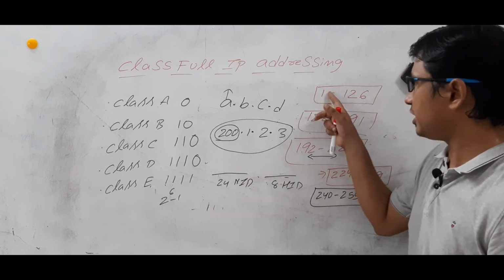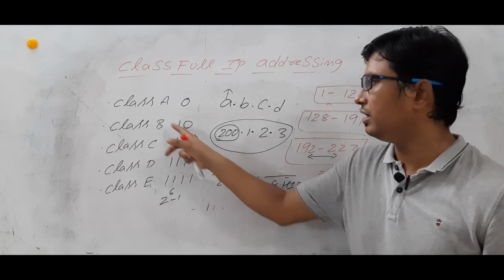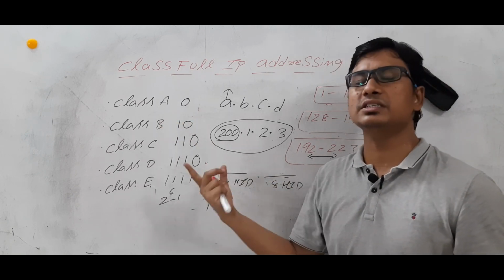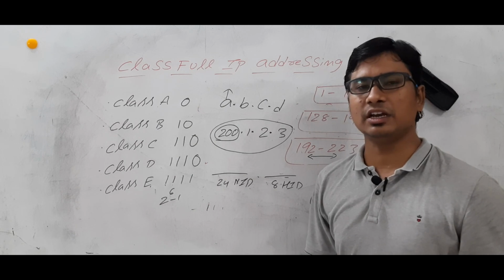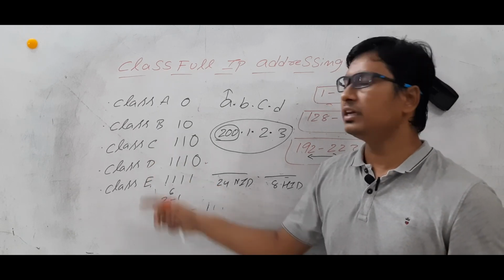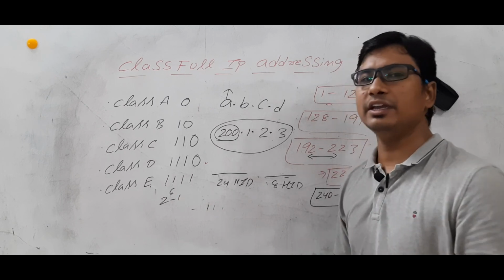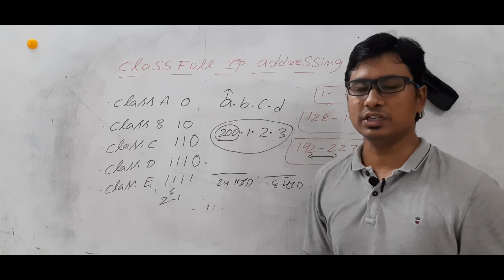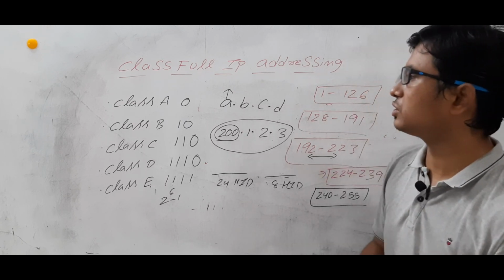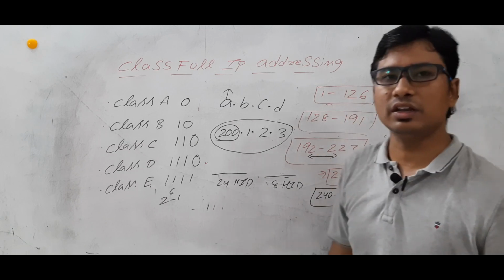If it belongs to class A, then 8 bits are allocated for the network ID. If it belongs to class B, 16 bits are allocated for the host ID and 16 bits for the network ID. If it is class C, 24 bits are allocated for the network ID and 8 bits for the host ID. I hope you have understood what classful IP addressing is and what the range is for each class.